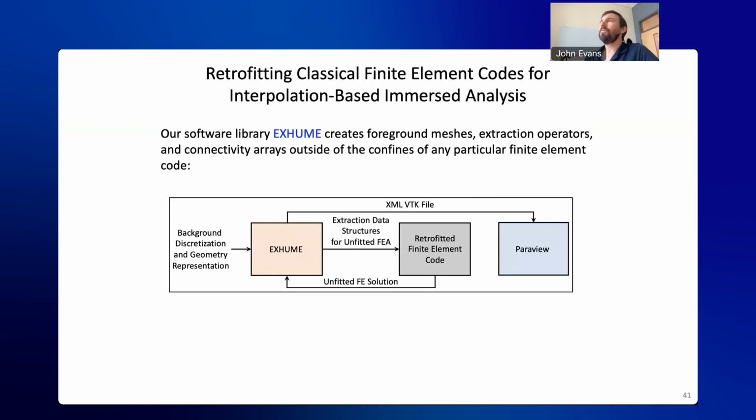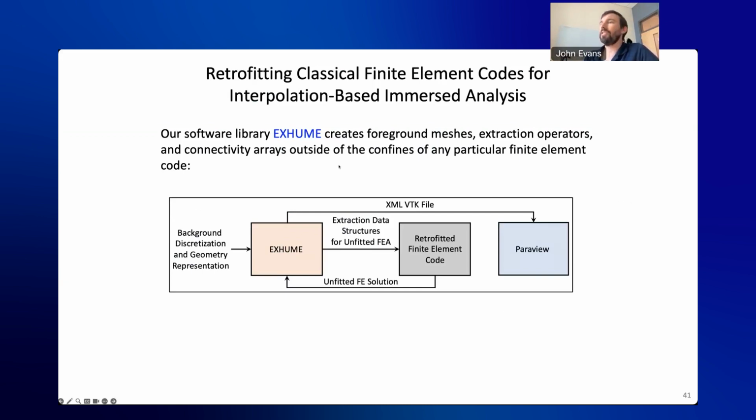So what our new software library Exum does is it creates foreground meshes, extraction operators, those M matrices, either element by element or a global matrix M, and connectivity arrays outside of the confines of any particular finite element code.